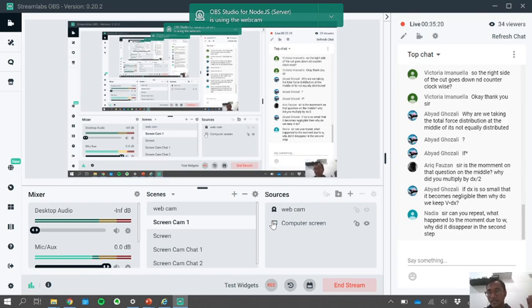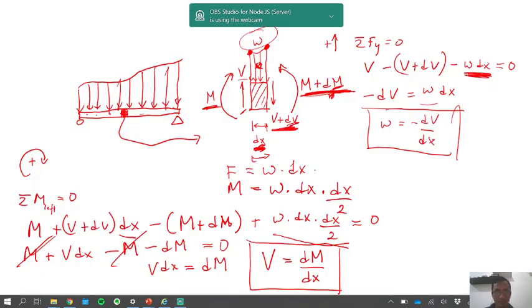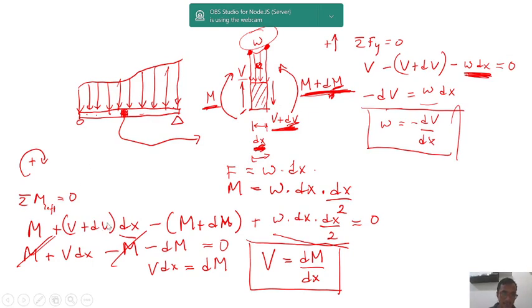V multiplied by dx will still be there. But if you have something like dv multiplied by dx, yes, you can neglect that. If you have something like dx multiplied by dx per 2, yes, you can neglect that because it's very small multiplied with very small. If we neglect everything, we don't get anything. So we can only ignore the thing that is very, very, very small.